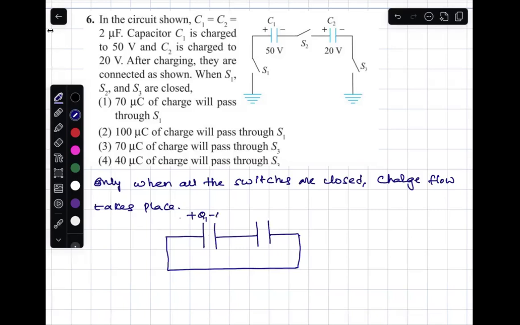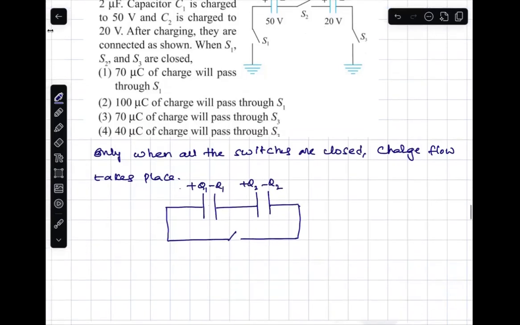Say for example Q1 minus Q1 plus Q2 minus Q2 with switch open condition. Say for example, once you close this, right?